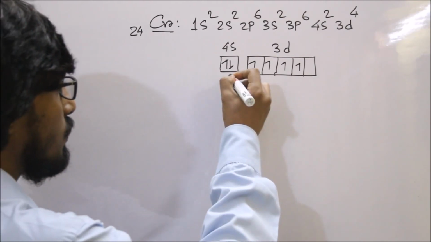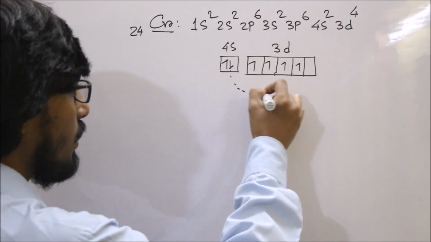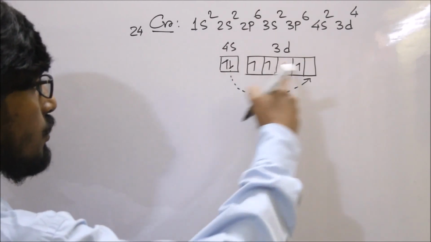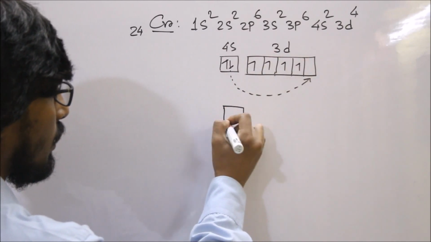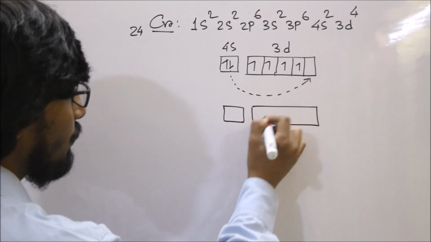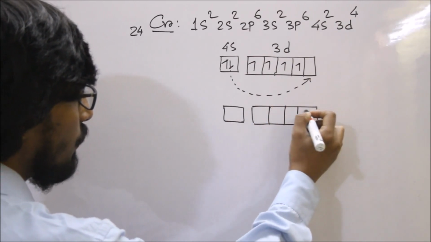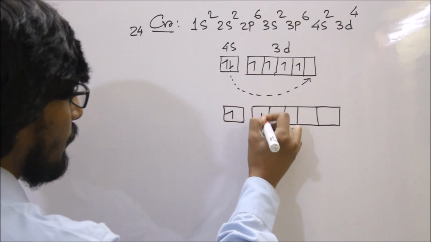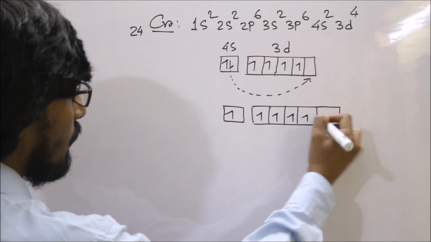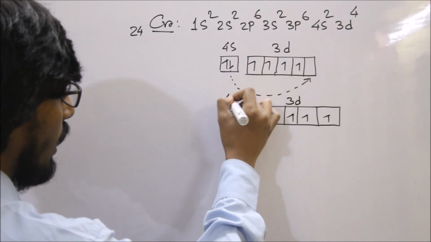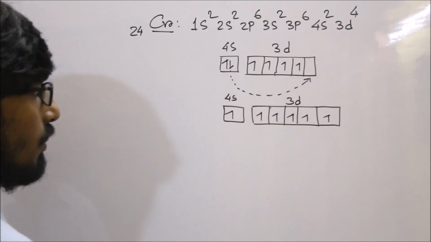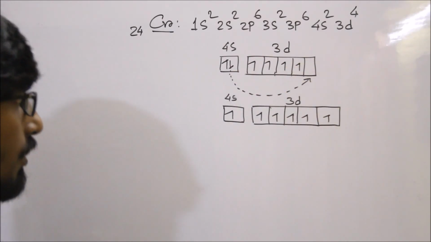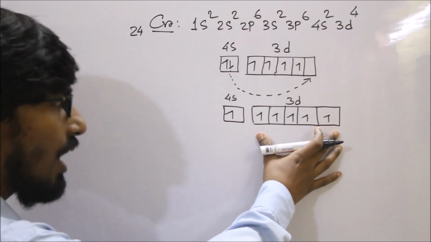So to gain stability, one electron will be promoted from 4s to 3d orbital, and after that this type of configuration will be observed. So this is 3d and this is 4s. Why does this electron get promoted from 4s to 3d? Because 3d orbitals are now half filled.